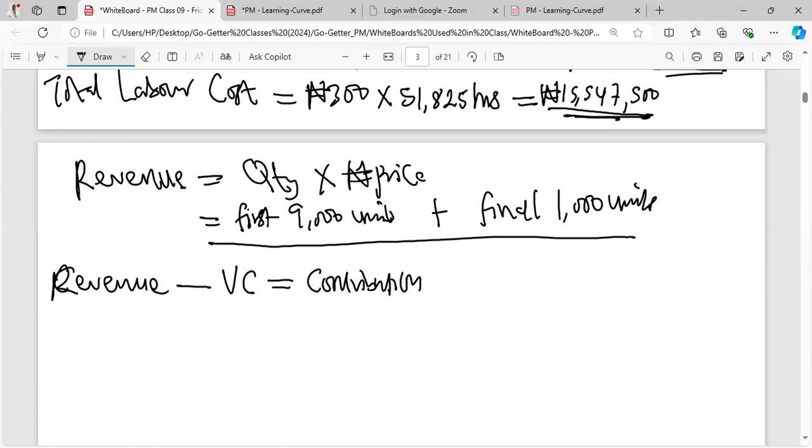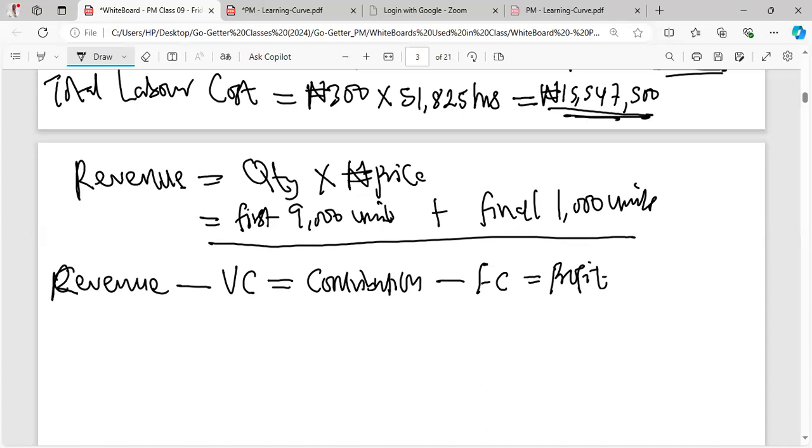And when we say contribution minus your fixed costs, will give us our profits. So this is it. You have your revenue, you remove variable costs, from what we've learned, it will give you contribution. When we remove fixed costs from contribution, it gives our profits.